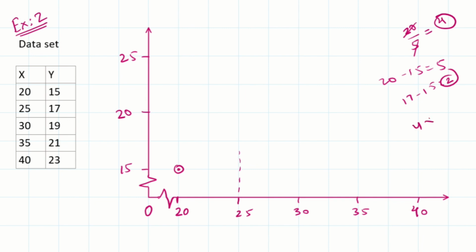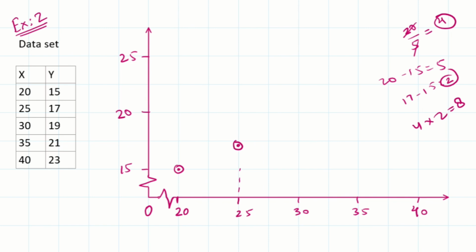So 4 into 2 equals 8. So the 8th division here, 1, 2, 3, 4, 5, 6, 7, 8. 8th division on the graph paper would be number 17. So we would be having our coordinate here on the 8th division. This would be 17.